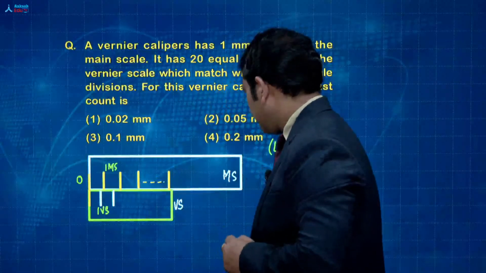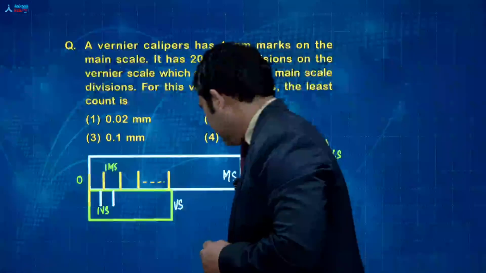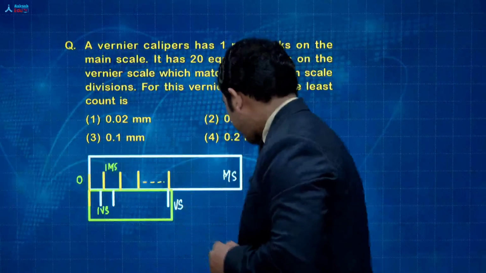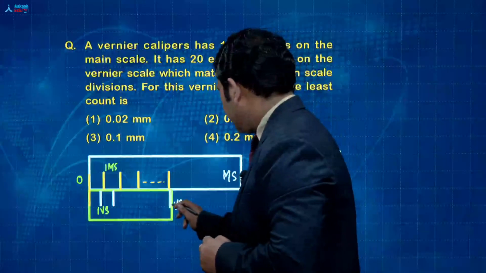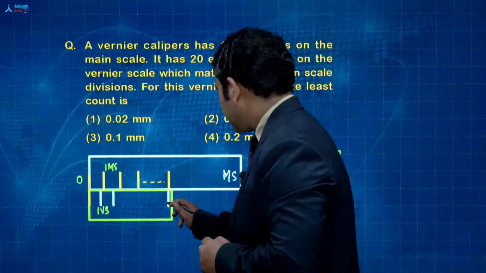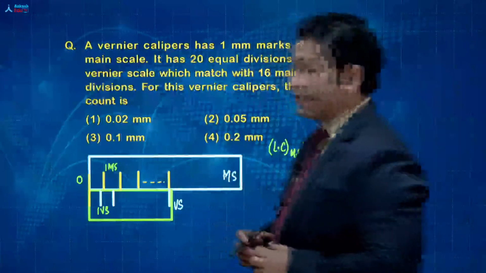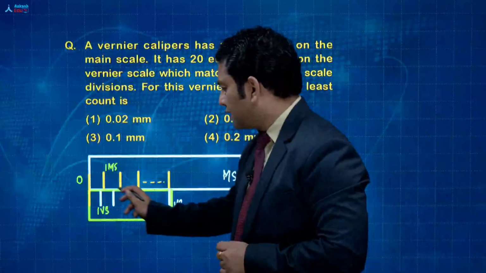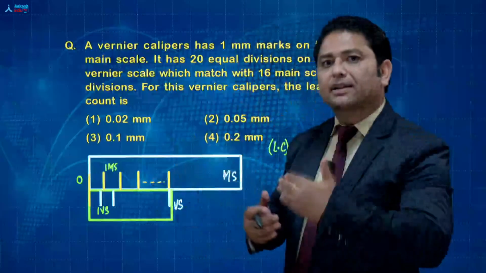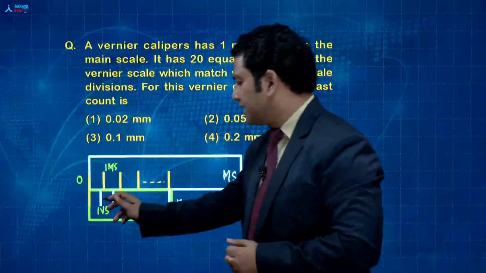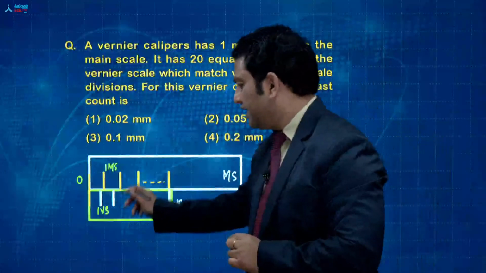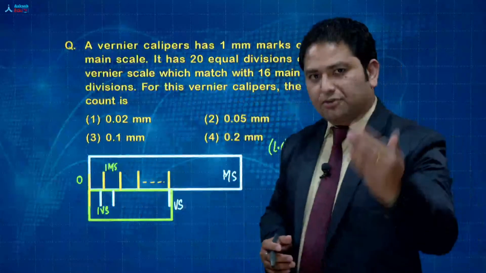There are lots and lots, and eventually ऐसा दोबारा आ जाता है that the main scale division and the vernier scale division would exactly match.